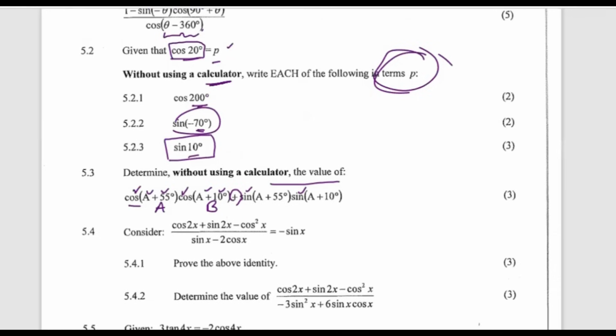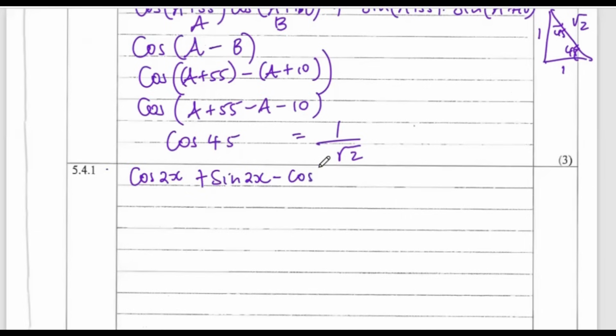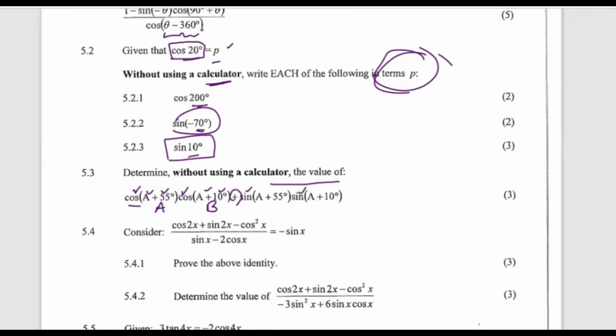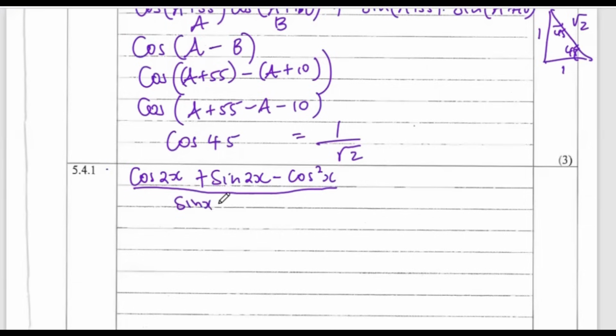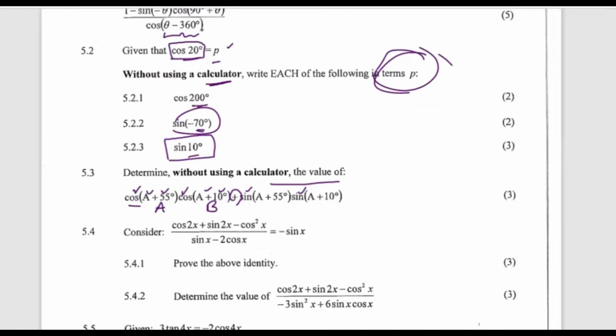Okay. We are subtracting cos squared x. And then we are dividing this whole thing by sine x minus 2 cos x. They're telling us this must reduce to negative sine x.